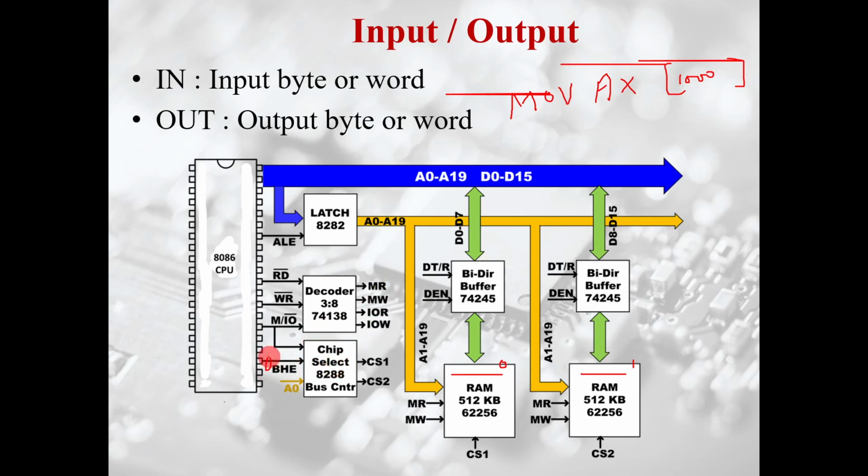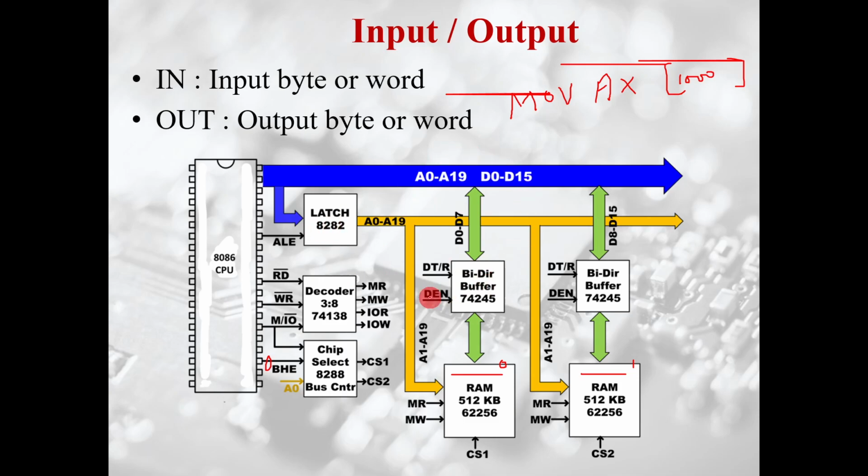So this bus high enable signal also goes high, and hence both the chips will be simultaneously selected, and hence you have 16-bit data coming here. All these things in detail will be explained in the memory section. So this is how data comes from the memory.